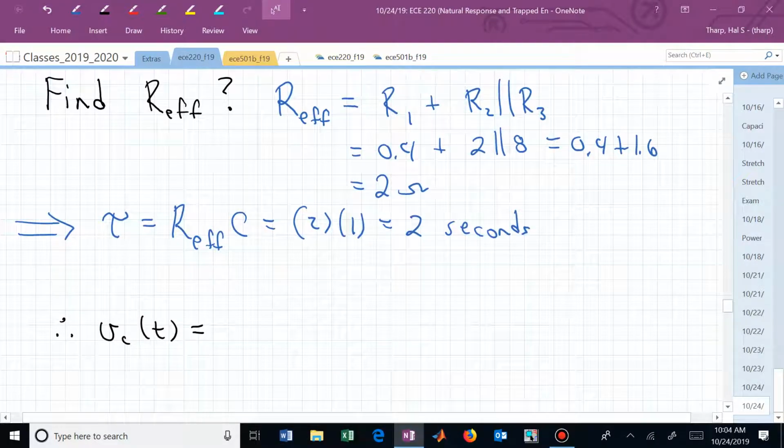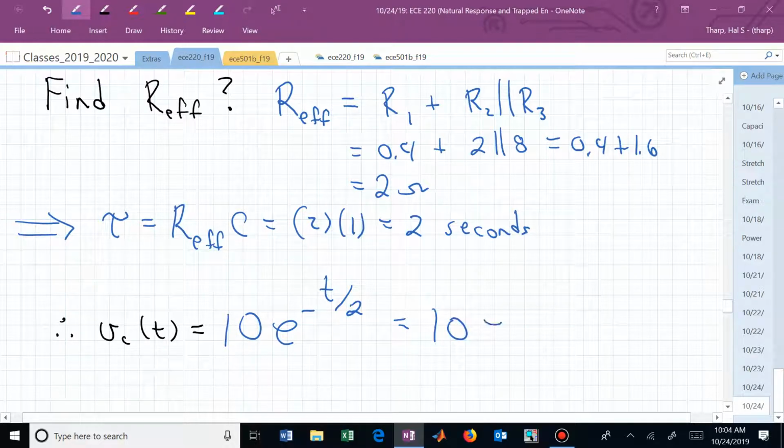V sub C of t is now V sub C of 0 plus, which was 10, e to the minus t over tau, and tau was 2. Or this is now 10 e to the minus 0.5 t for t greater than or equal to 0.